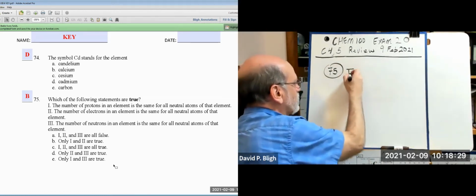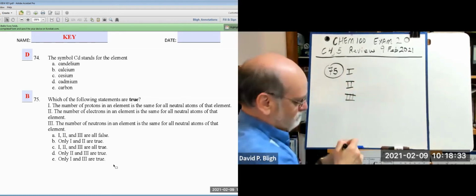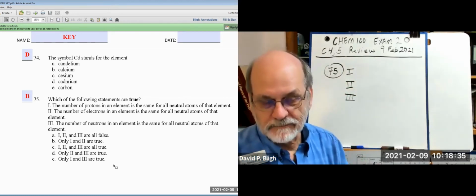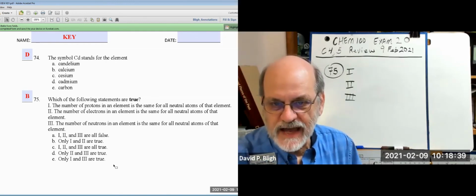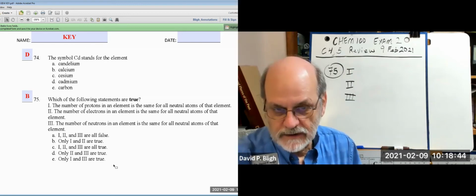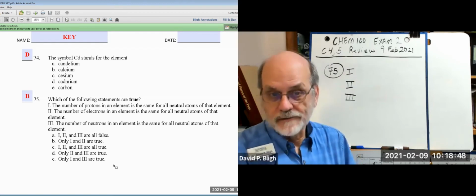So we've got Roman numeral 1, 2, and 3. Okay, so let's look at them. True or false? The number of protons in an element is the same for all neutral atoms of that element. Is that true? Yep, that's true.